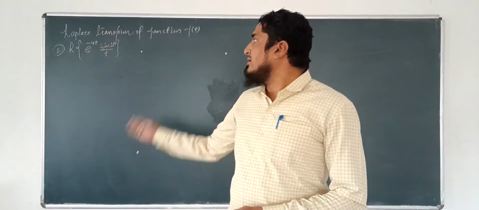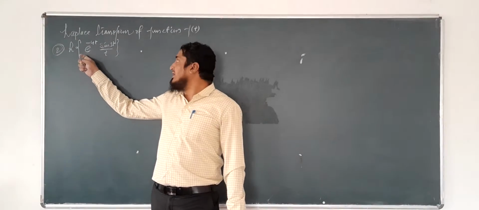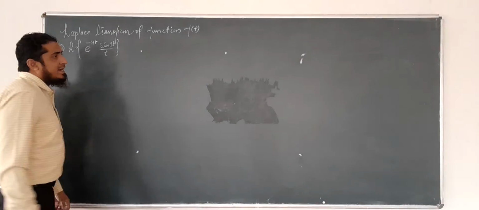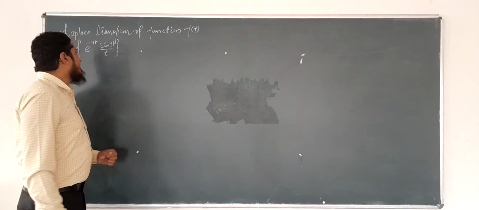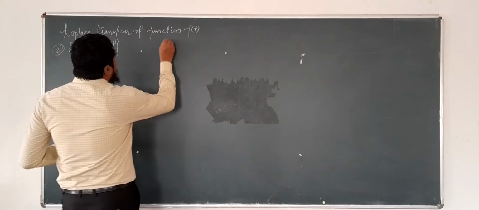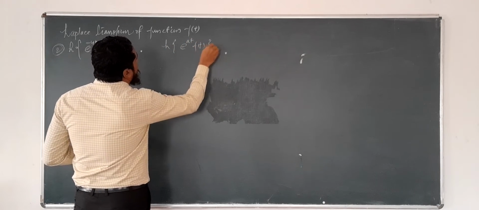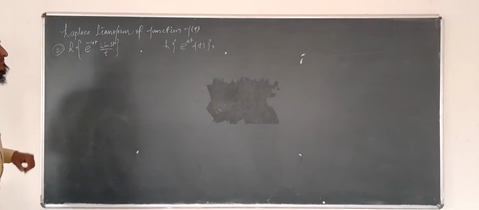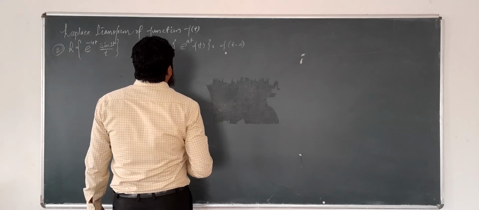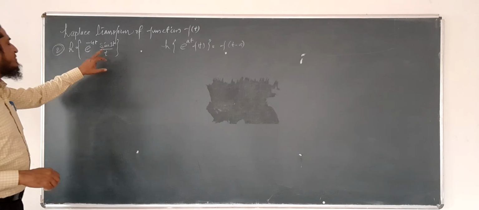So dear friends, now the second example is the Laplace transform of e raised to minus 4t into sin 3t upon t. Here we will apply two theorems at a time. First of all, we will use the Laplace transform of e raised to a t into f of t, that is F of s minus a, and the Laplace transform of f of t upon t.